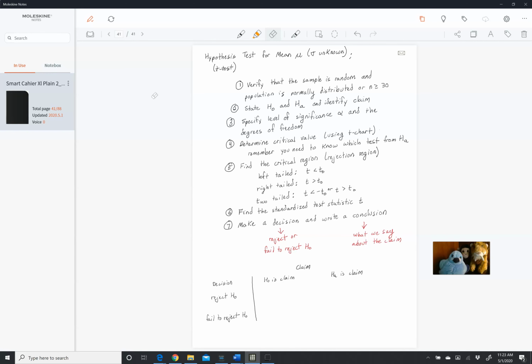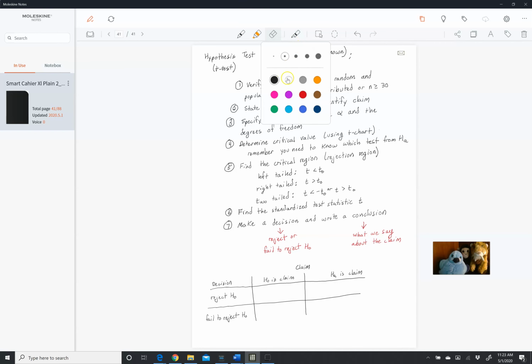And we said if your null hypothesis is the claim and you're rejecting it, then you're rejecting the null hypothesis. You're saying it's incorrect.